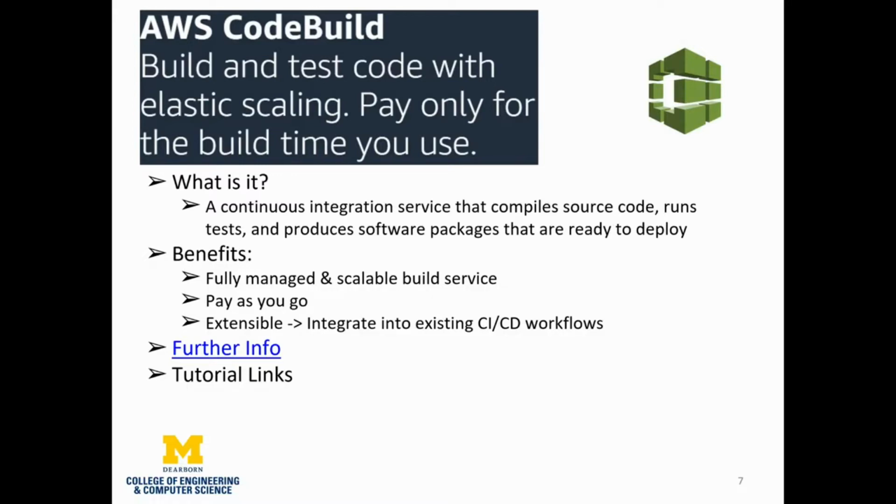So basically, when we hit the build button, it builds, and that's the amount we will be charged. For further information, the documentation about CodeBuild can be found in the further info.